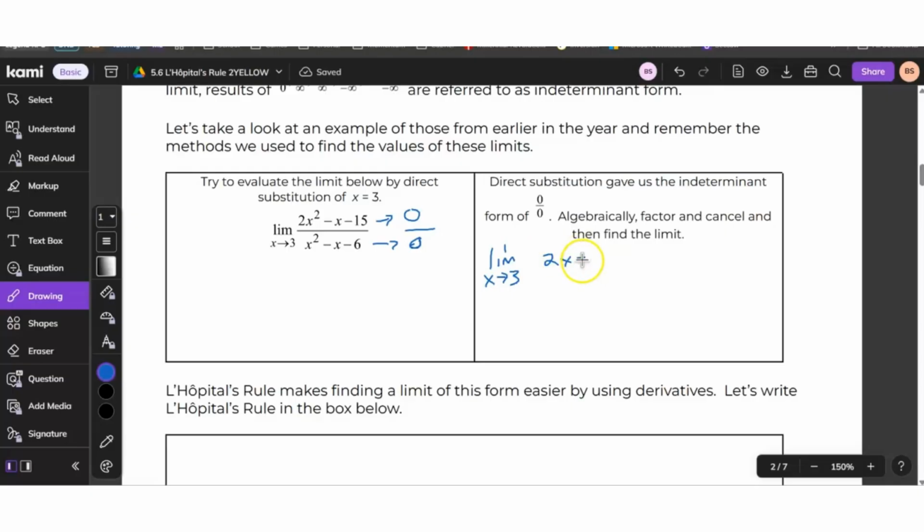So it's going to be 2x plus 5 and x minus 3, over, multiplied to negative 6, add to negative 1, we're going to get x plus 2, x minus 3. And lo and behold, if you didn't know how to do that one, go back to pre-calc. Come see me later. All right, then we get 2 times 3 is 6 plus 5 is 11. 3 plus 2 is 5. We found a limit, because that's a removable point of discontinuity.